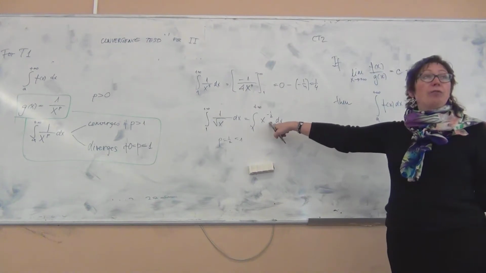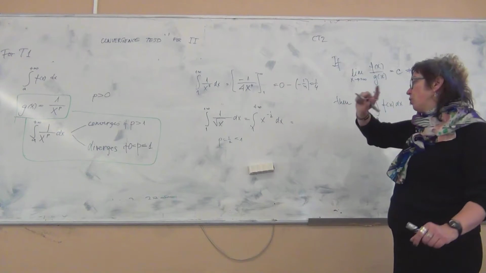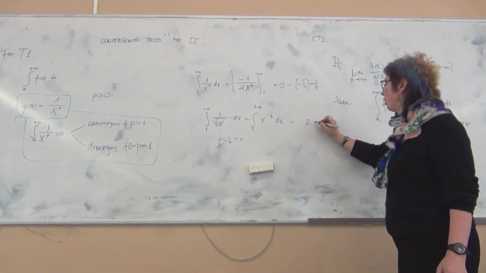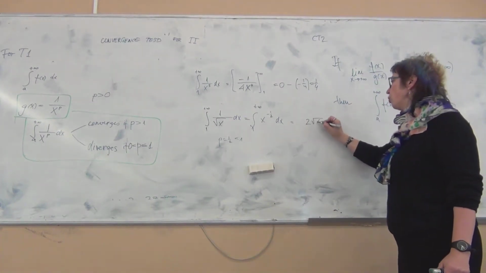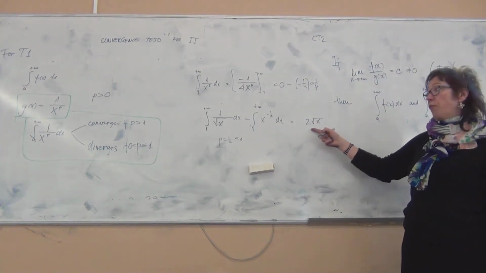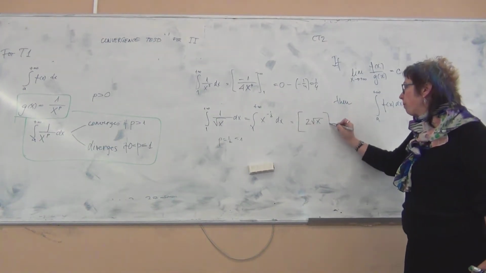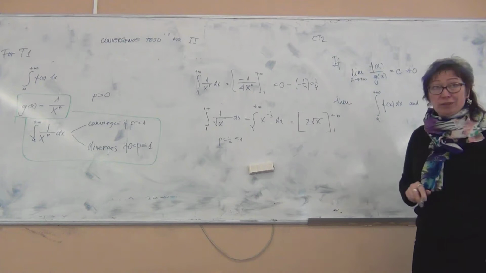So minus 1/2 plus 1 is 1/2, so x to the power 1/2 divided by 1/2 means 2x to the power 1/2, so 2 square roots of x actually when we integrate this. We get 2 square roots of x purely by integration. Now what?